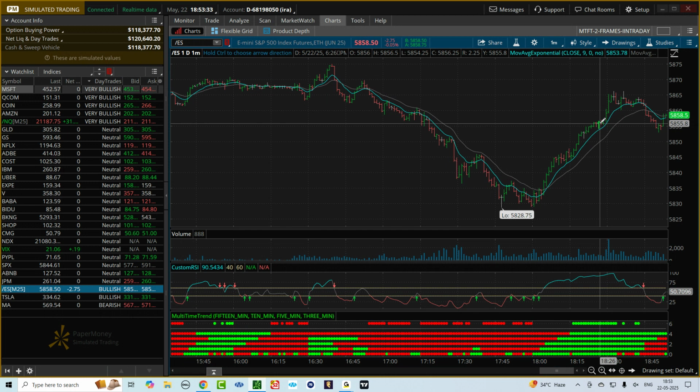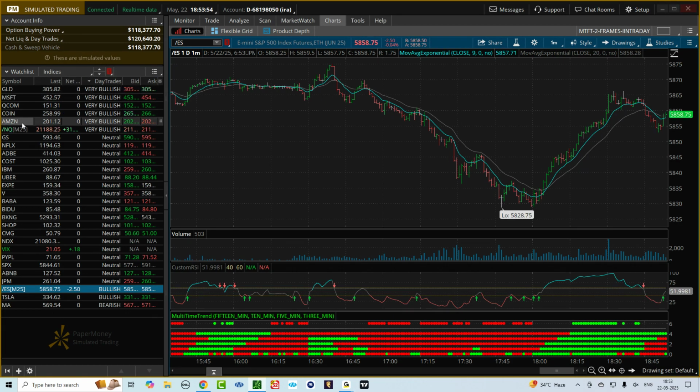Of course, this was in the pre-market, and of course, we'll see these opportunities in the real market once the market opens as well. Now, as you can see on the left hand, I have a watch list. It's not a very big watch list. I might include some more tickers there. But you can see Microsoft, Qualcomm, Coinbase, Amazon, they're all showing very bullish.